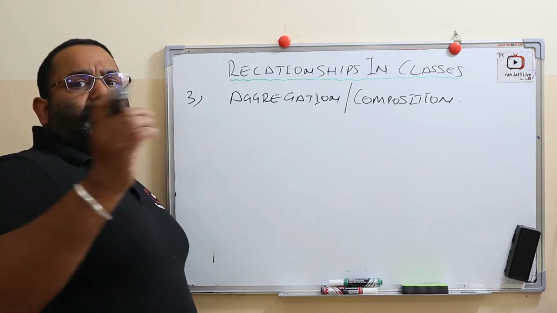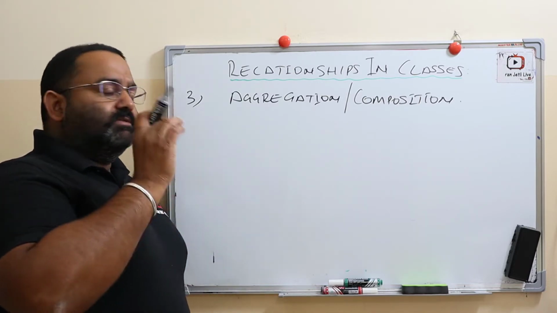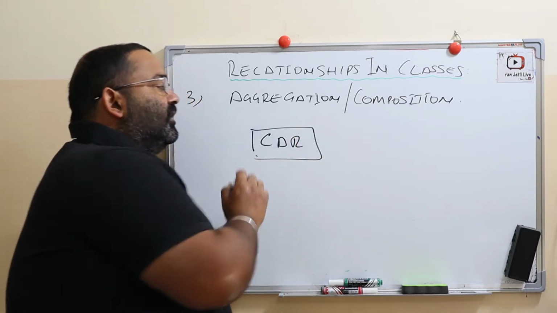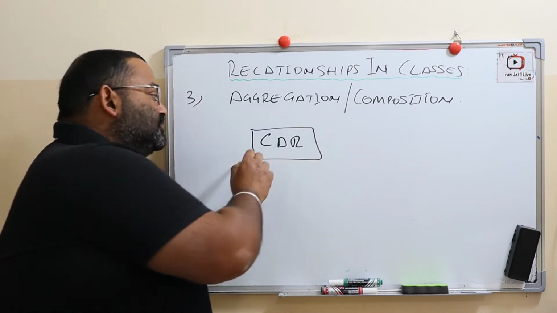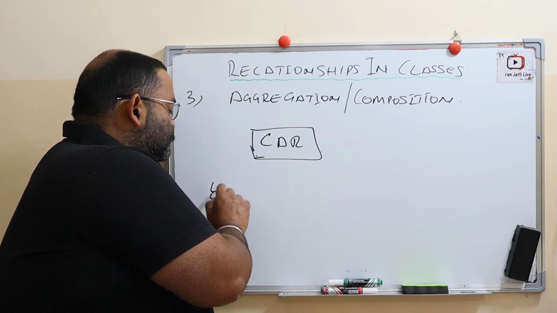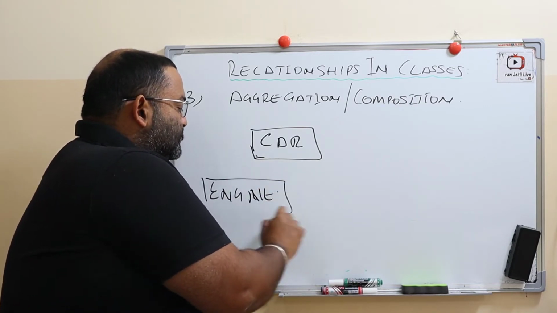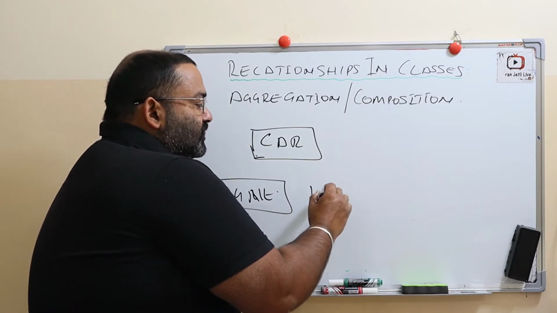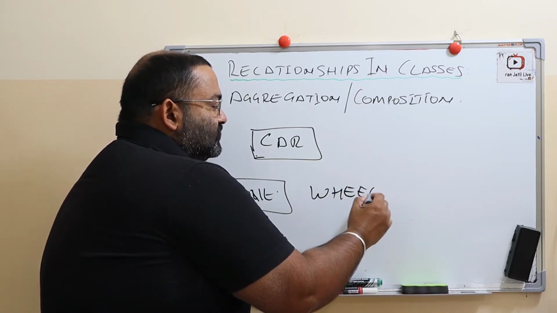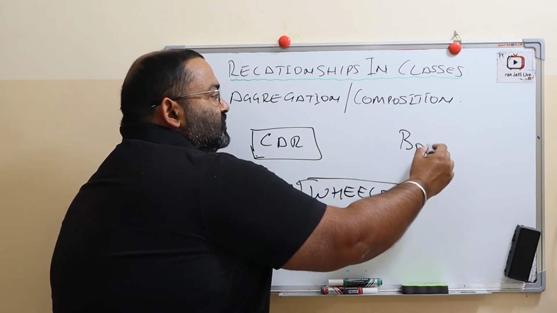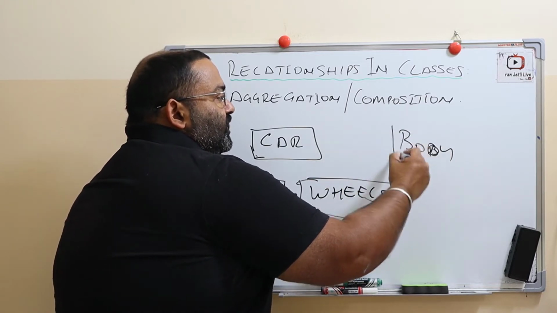For example, everywhere you see on the internet, this is the example. Car. Okay, a car is an aggregation of what? It is an aggregation of engine, wheels, body.